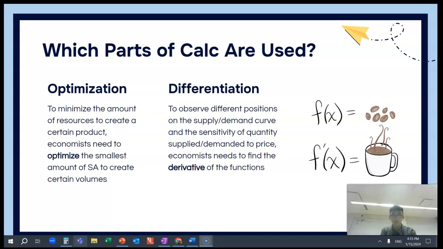Additionally, to observe different positions on the supply and demand curve and the sensitivity of quantity supplied and demanded as it relates to price, economists use differentiation and find the derivative of the different functions. This works because the derivative is the slope of all the tangent lines, and you're looking at the sensitivity of quantity supplied and demanded as it relates to different changes in price.